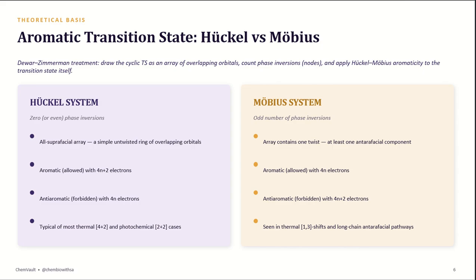The array has a twist in it, meaning at least one component reacts in an antarafacial sense. A Möbius system flips the logic. It's aromatic and allowed with 4n electrons, and anti-aromatic and forbidden with 4n plus 2 electrons.